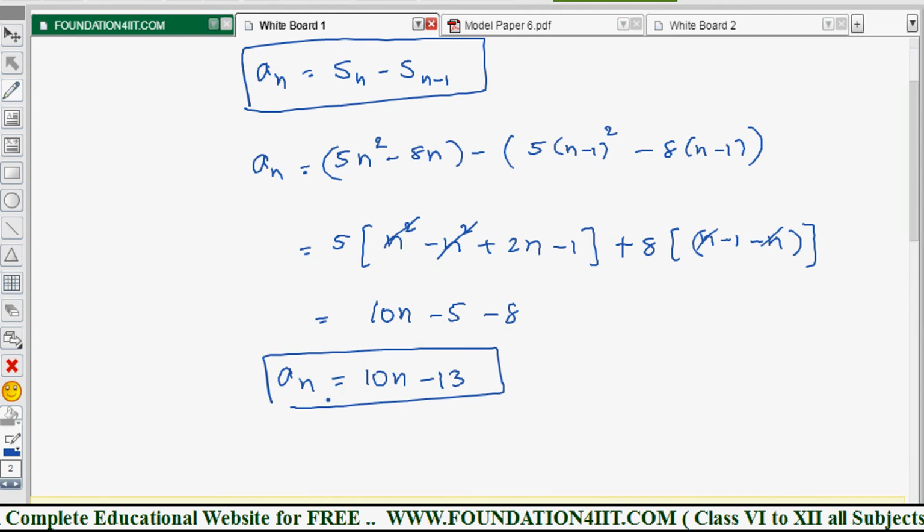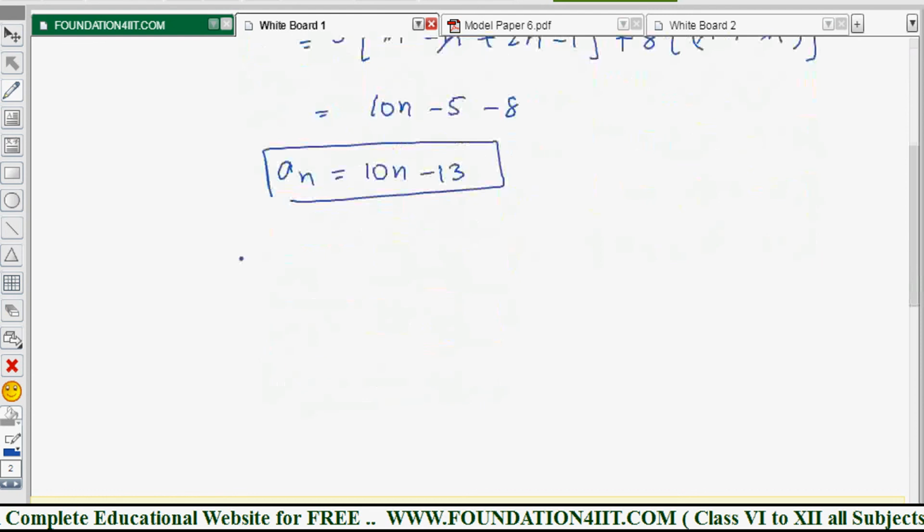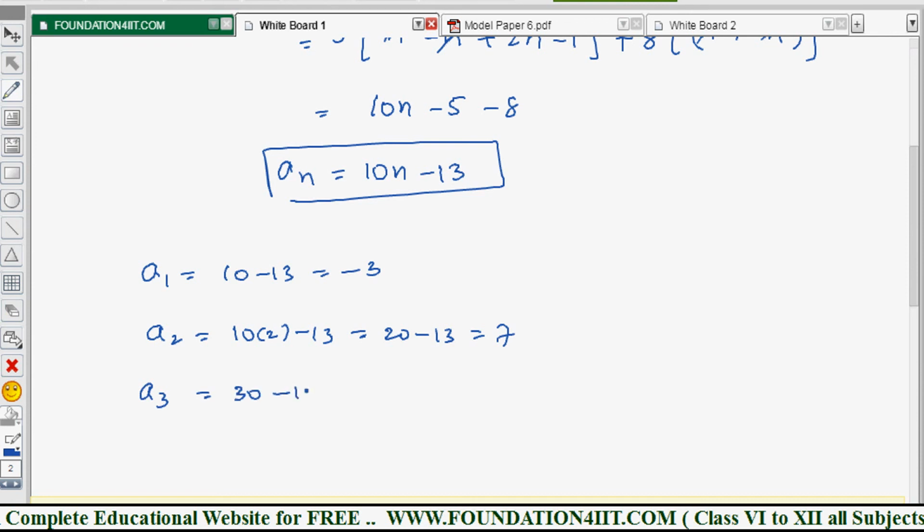Once you know the nth term, we can find a1, a2, a3, and so on. So using this, we can make the sequence. a1, in the place of n, substitute 1: 10 minus 13, that is minus 3. a2 is 10 into 2 minus 13, 20 minus 13, that is 7. Similarly a3, the third term, is 30 minus 13, 17.